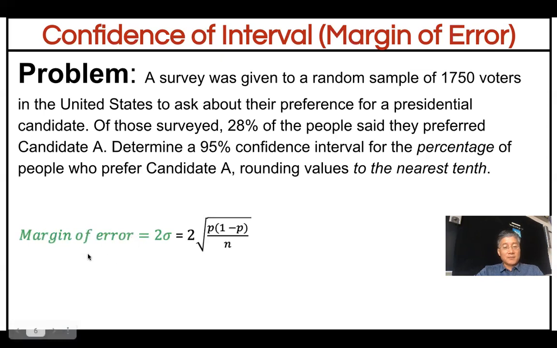But let's get the margin of error first. 2 standard deviations. How do you get it? 2 times the standard deviation, which is the square root of p times 1 minus p divided by n. So what is p? 0.28, right? So you plug it in here. And n was the sample size, 1750.